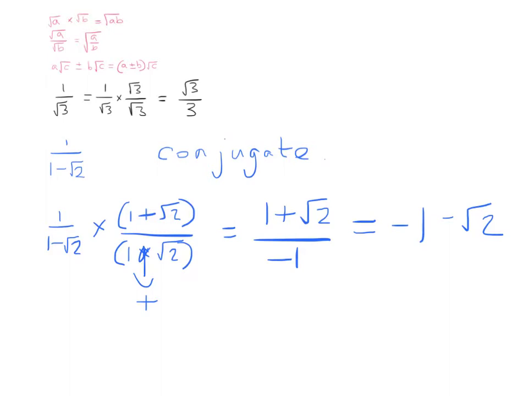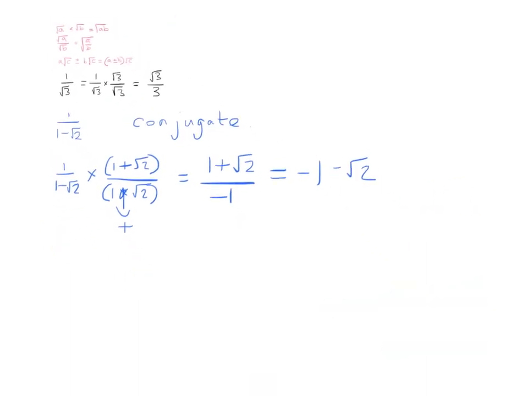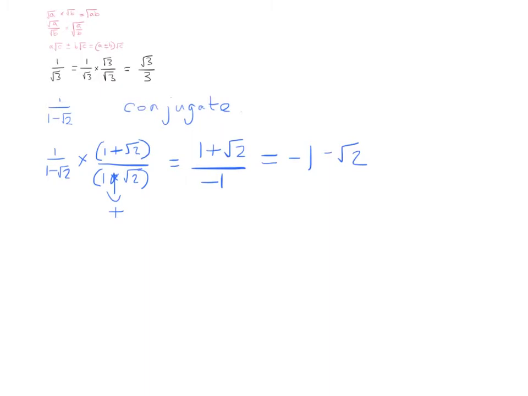Last example I want to show you is just to remind you how to simplify a surd. So if I have 10 over the square root of 5, and I want to simplify it, first of all I have to rationalise it. Okay, so I will say times by the denominator, which in this case is the square root of 5.